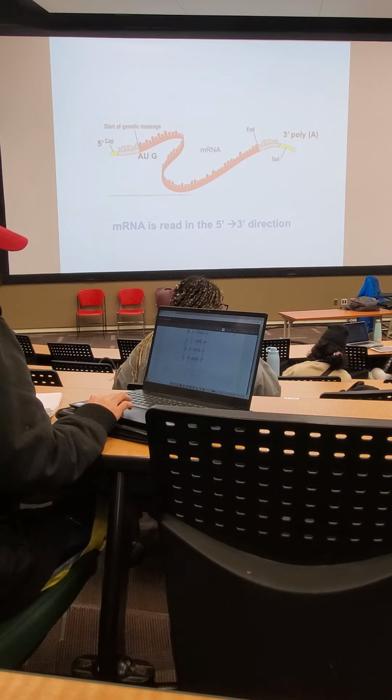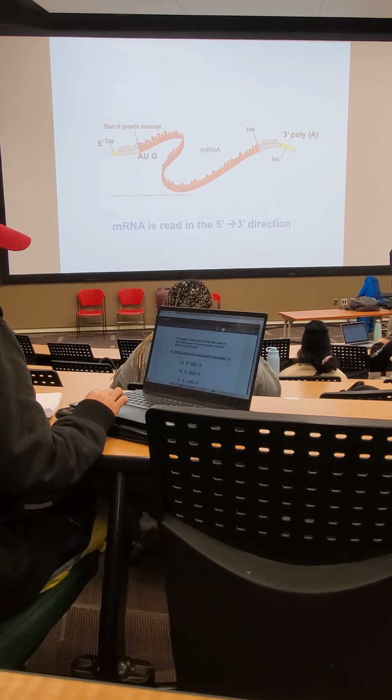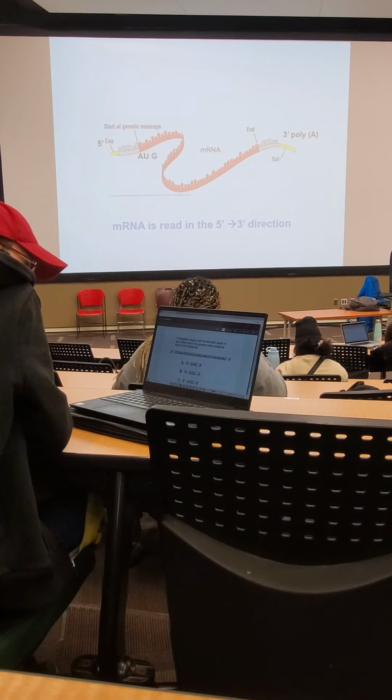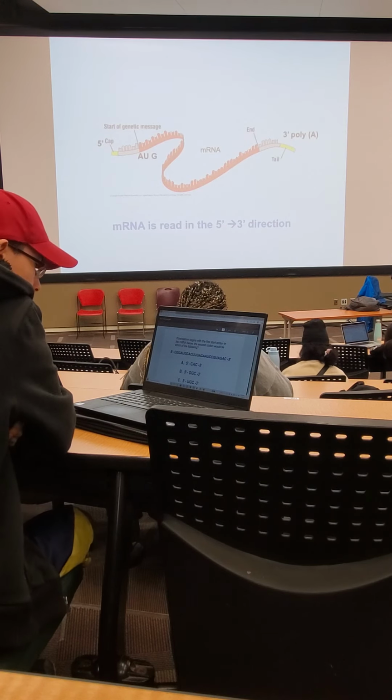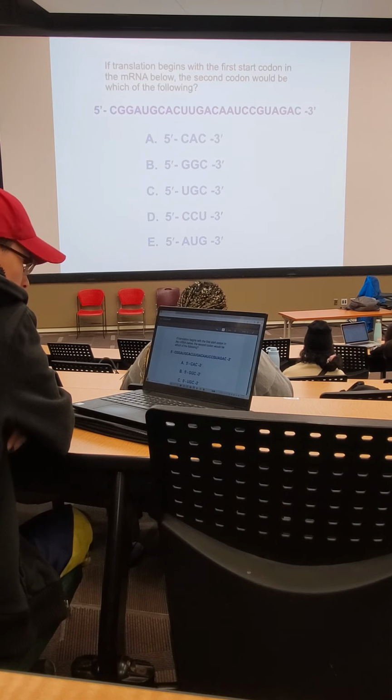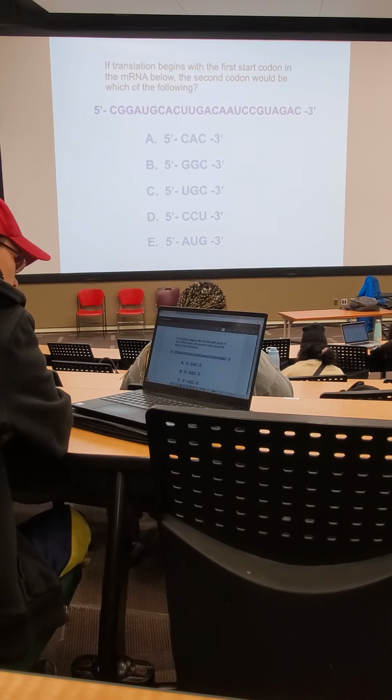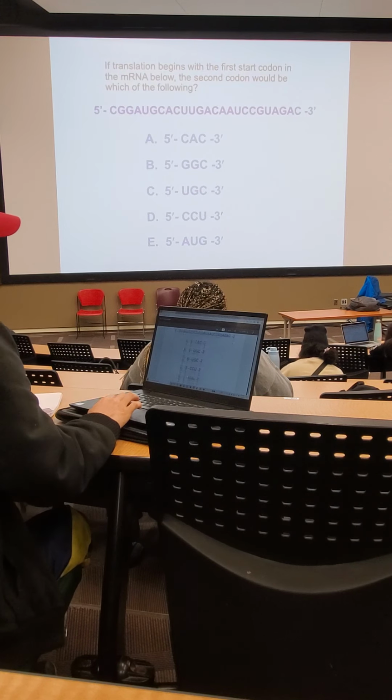Okay, so we've seen this a couple times, but just to emphasize, the mRNA is read in this direction. Polarity matters even for this level of translation. So let's think about establishing our reading frame. If translation begins with the first start codon, what's the second codon?